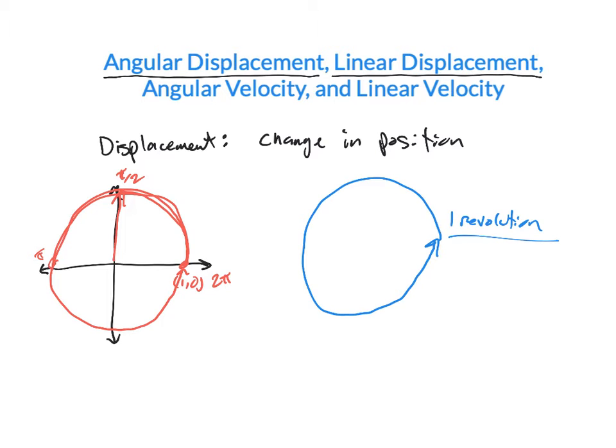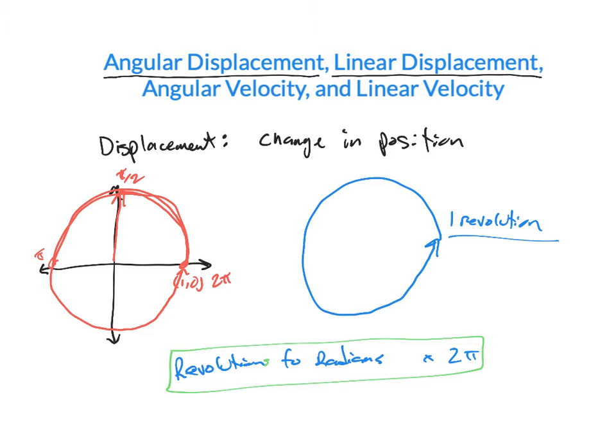If you want to convert revolutions to radians, you multiply by 2 pi. So if you want to go from revolutions to radians, you multiply by 2 pi to figure out how many radians you've gone.